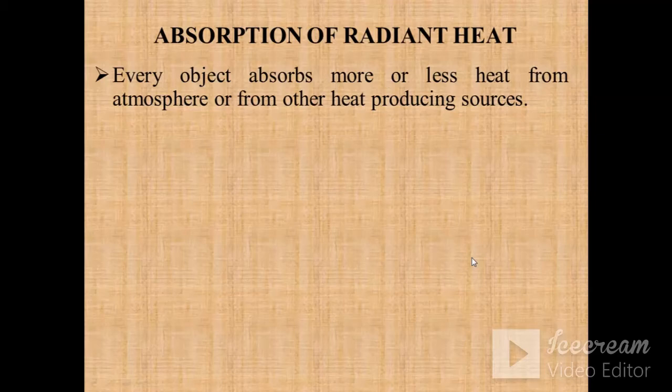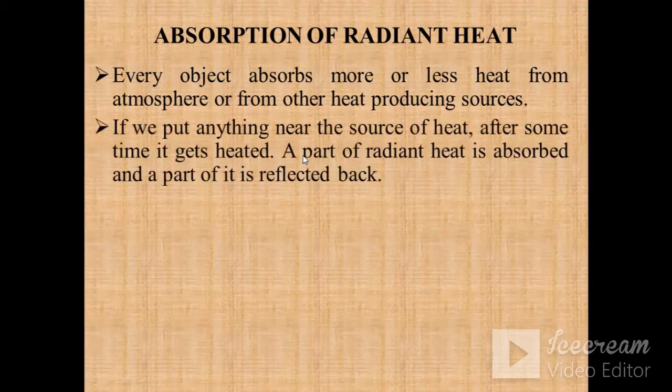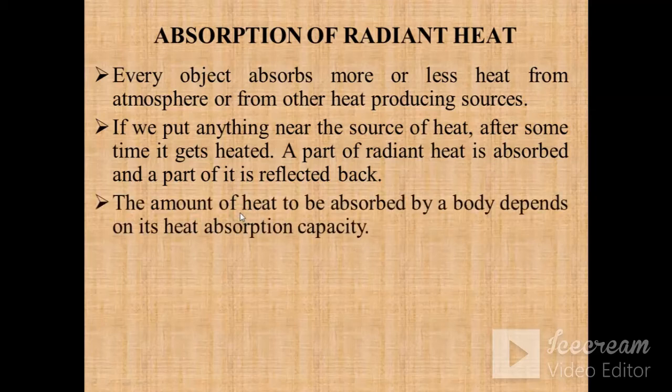Now every object absorbs more or less heat from the atmosphere or from other heat producing sources. If we put anything near a source of heat, after some time it gets heated, that we already knew. So what is actually taking place? A part of the radiant heat is absorbed and part of it is reflected back.